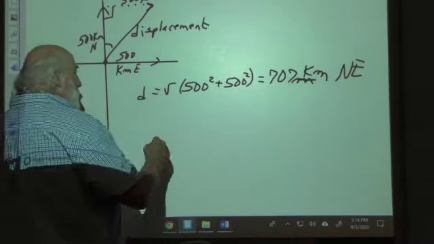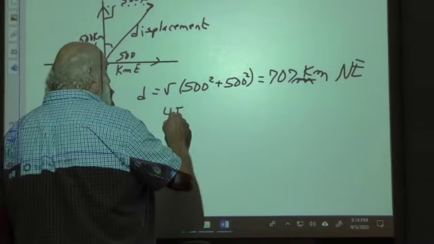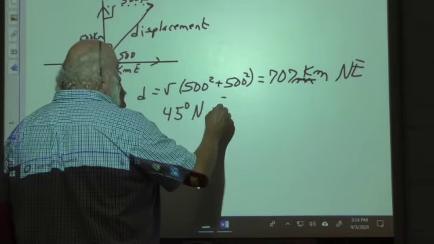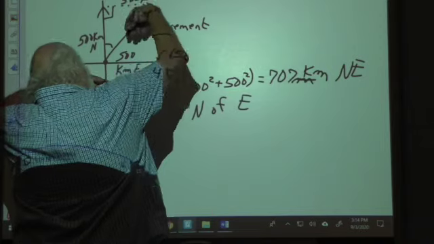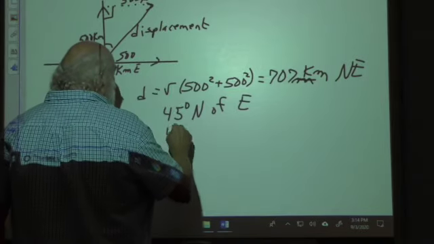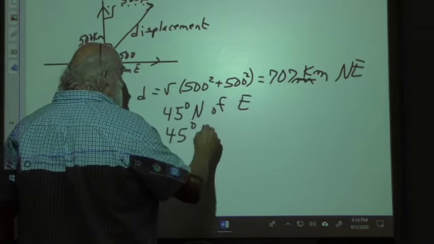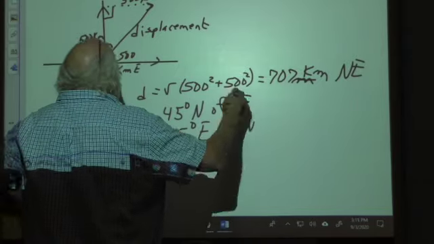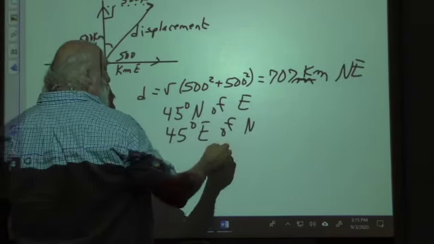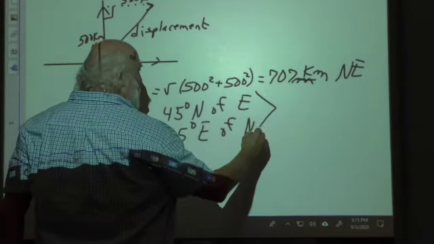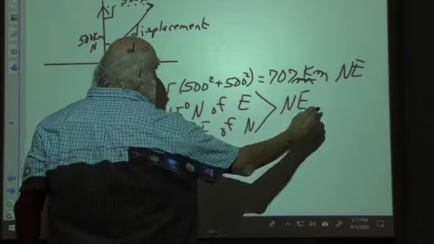In other words, I could say that this is 45 degrees north of east, because here's east and another 45 degrees north of that. Or I could say it's 45 degrees east of north, which means to go from here to here. But we don't call it either way because they mean the same thing, so we just say northeast.